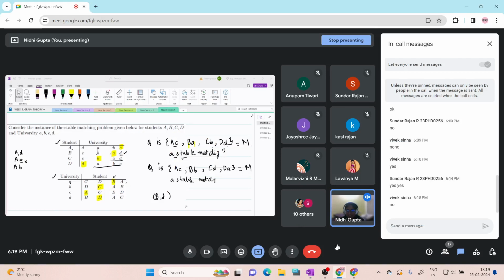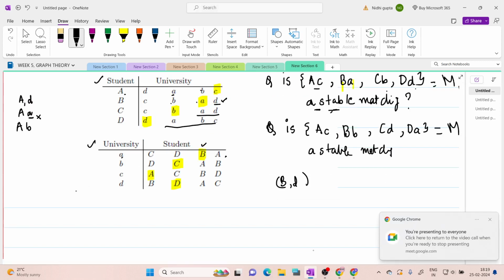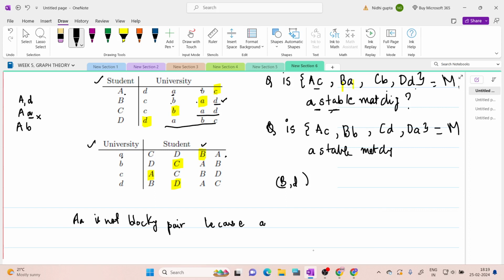So does everyone understand why AA is not a blocking pair? Yes, ma'am. AA is not a blocking pair because little a is going to capital B, and little a does not prefer B over A. So in this scenario, only A is happy, B is not happy.